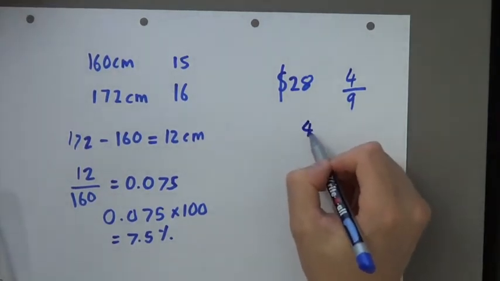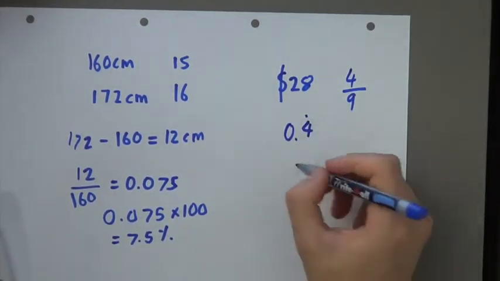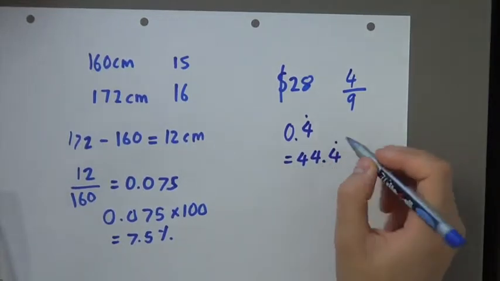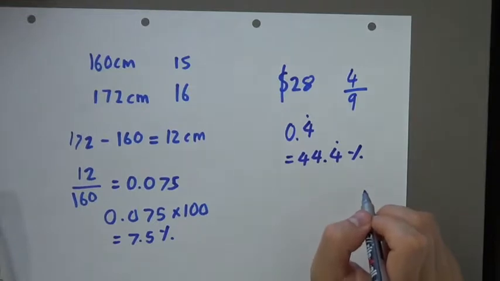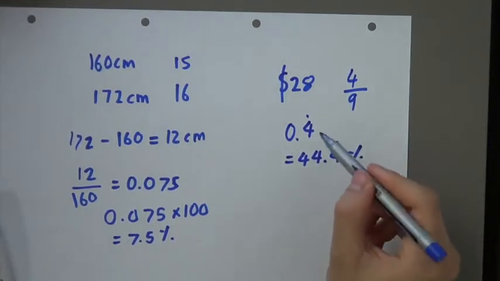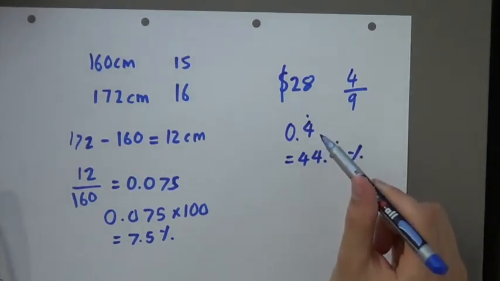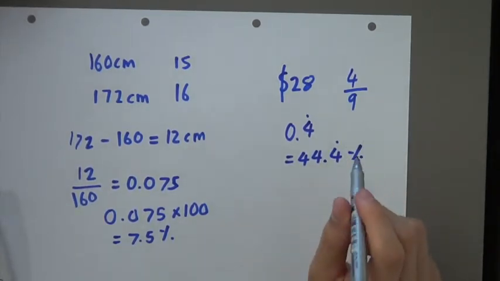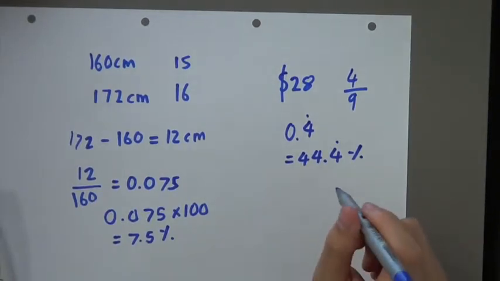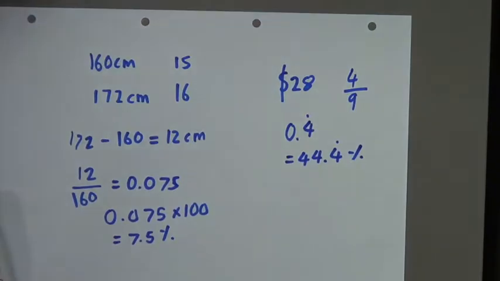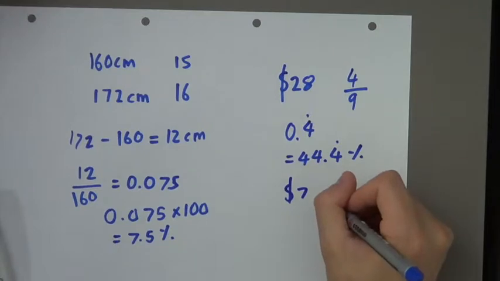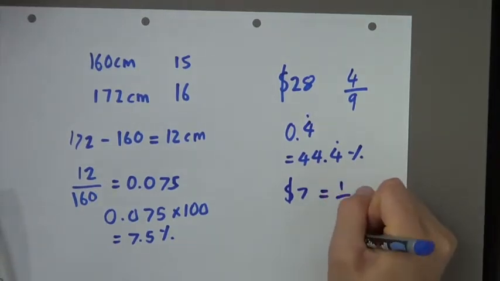So this is 0.4 recurring, or 44.4 recurring percent. Okay? Now, how am I going to work out 100%? Well, what I'm going to do is first of all divide 28 by 4 to give me 1/9. So I'm going to do 28 divided by 4. So $7 is 1/9. Okay?